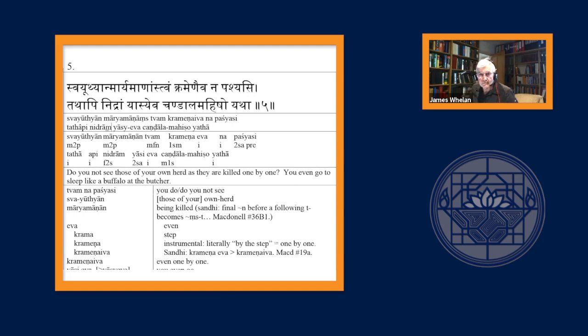There we are. The M has a dot under it. It's the Anuswara. So, a Mahisha is a buffalo.